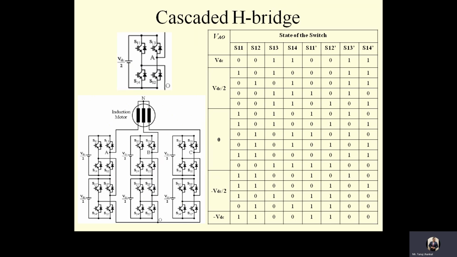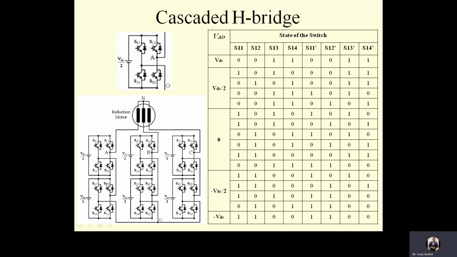Now, if I have to achieve the VDC voltage at the output point, VAO, where A is here and O is here, I have to just turn on S13 and S14 for VDC by 2 from the upper cell, and similarly S13 dash and S14 dash from the lower cell to get VDC by 2.